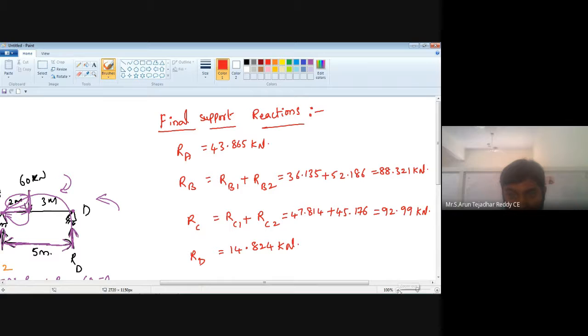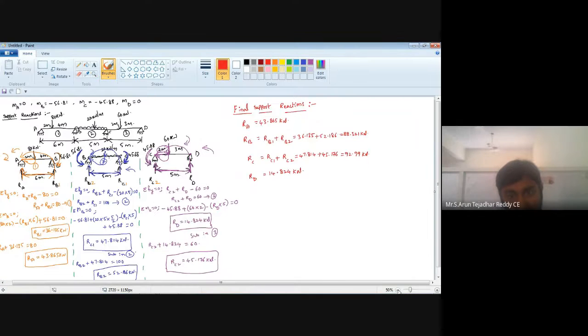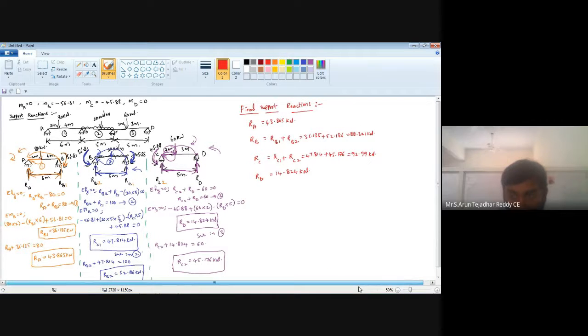See, why are we calculating the support reactions? Because to draw the shear force diagram. So these support reactions are very useful to draw the shear force diagram. All of you note down up to here. Then we'll go for the bending moment diagram and shear force diagram.